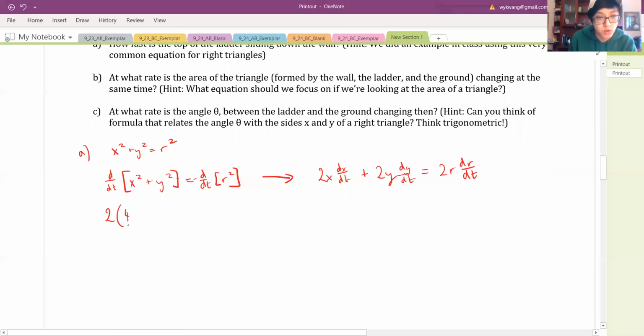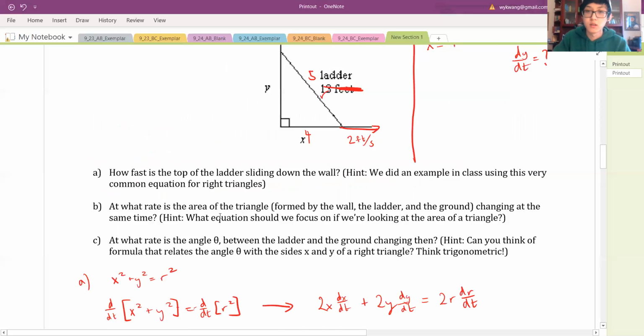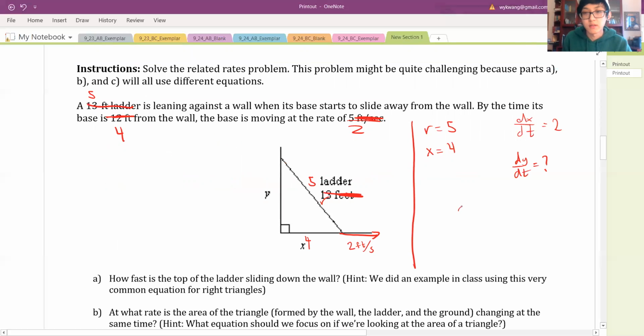So 2 times 4 times dx over dt, which is 2. So 2 times 4 times 2. Awesome, we have everything here. Plus 2 times y. Oh no, wait. Look over here, I don't have a y.